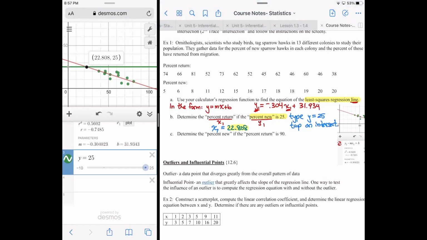Let me clarify and re-explain that one, because what it's asking us to do is solve an equation. This is equivalent to going back into algebra class where it would say something like, solve the equation x squared plus 7x plus 25 is equal to 30.